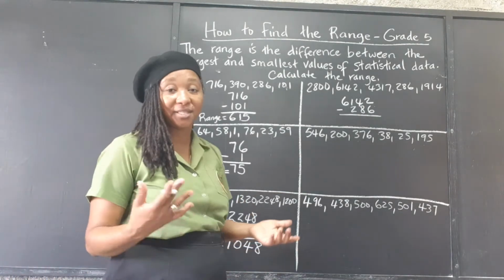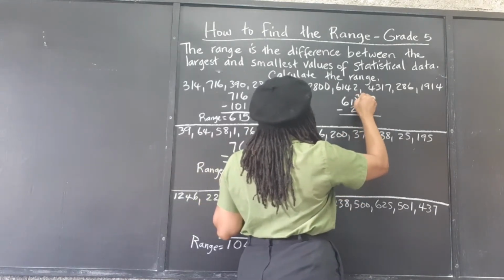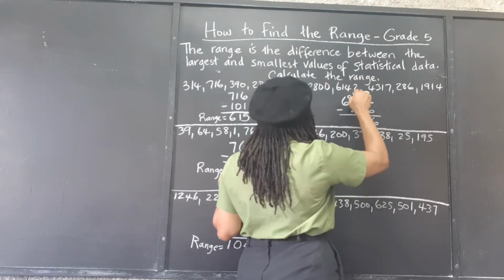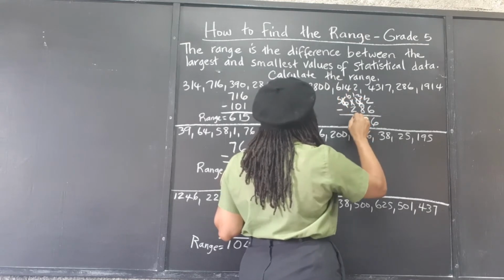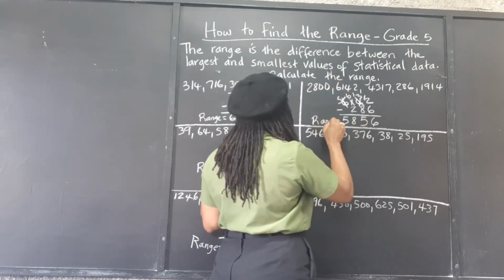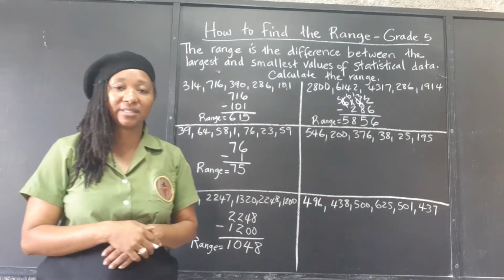Just subtract the smallest from the biggest. So we're going to take 1 and 12 take away 6, that's 6. 13 take away 8, that's 5. 10 take away 2, that's 8. So the range is 5,856.